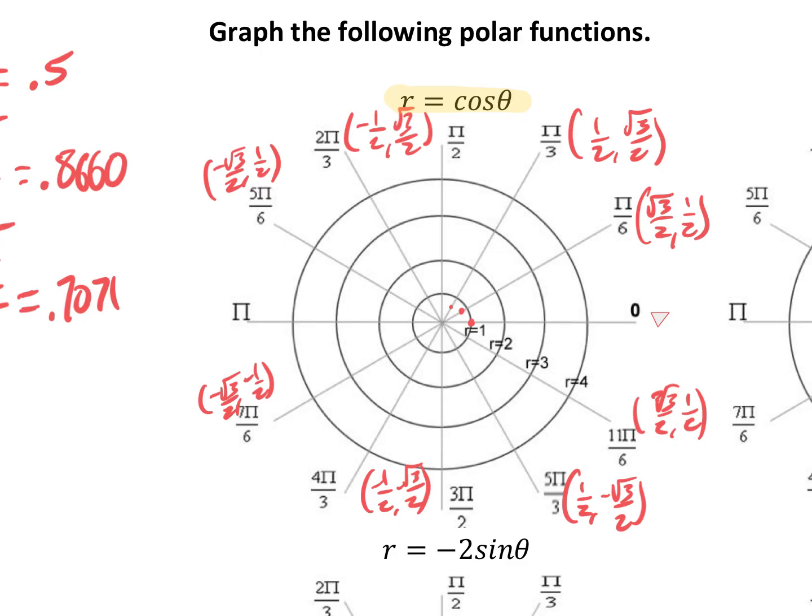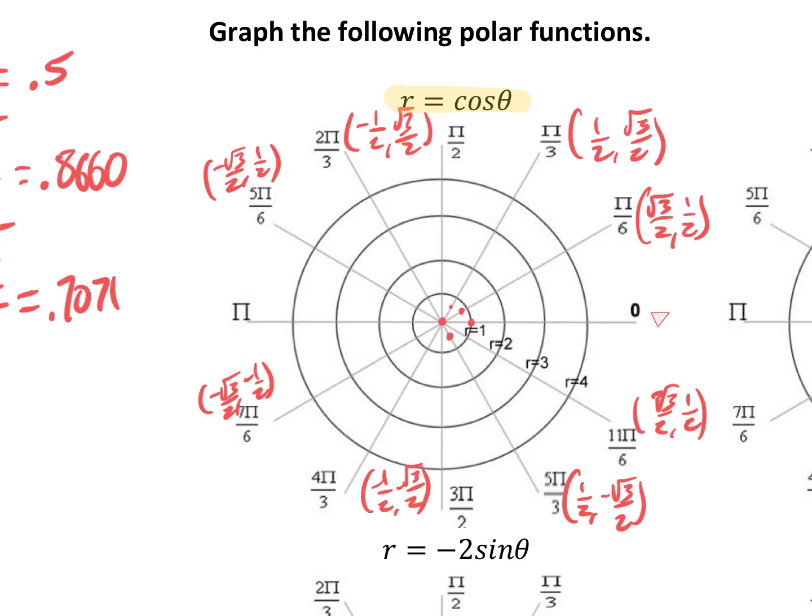And then the cosine of pi over 2 is 0, when we're looking up this way. And when we're looking out this way, the cosine is negative 1/2, which is back here.